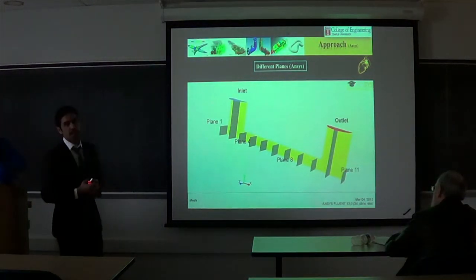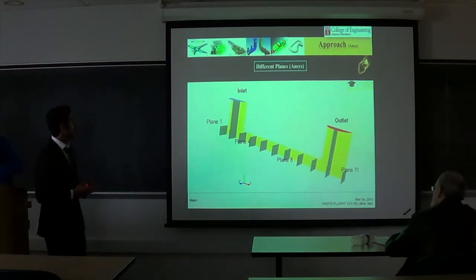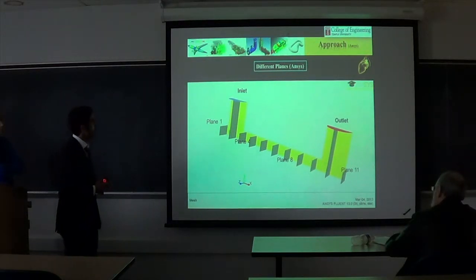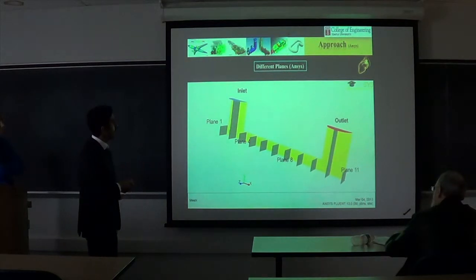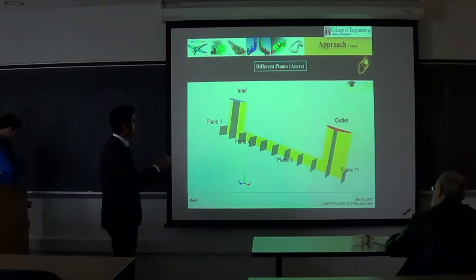To do a good ANSYS analysis, we had to create a lot of planes to study the velocity magnitude at different locations. These planes helped us know where the profile build-up is going to be.